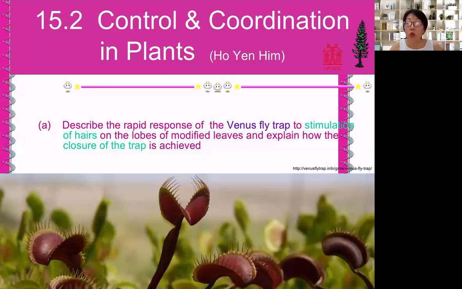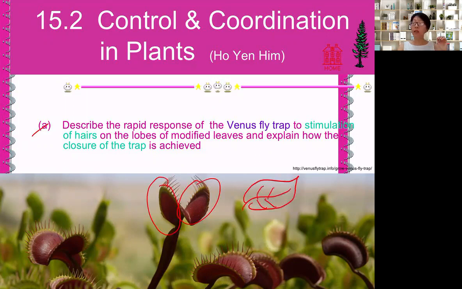So we're going to look at 3 examples for plants. The first example is to describe the very rapid response of the Venus flytrap to stimulation of hairs on the lobes of the modified leaves. So these are the modified leaves. A normal leaf looks like this, for photosynthesis.